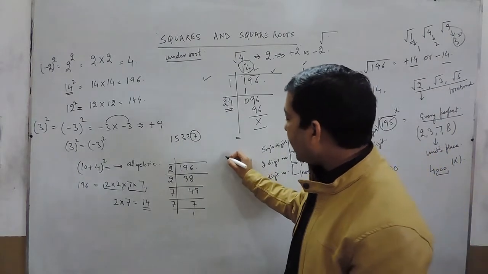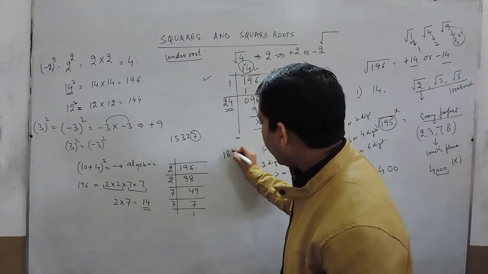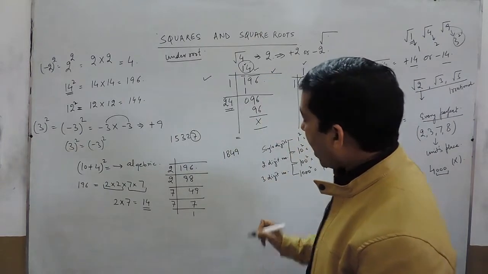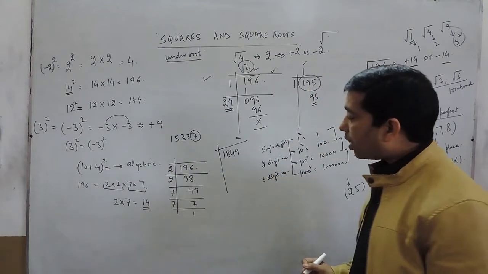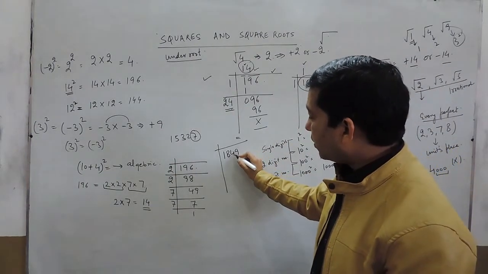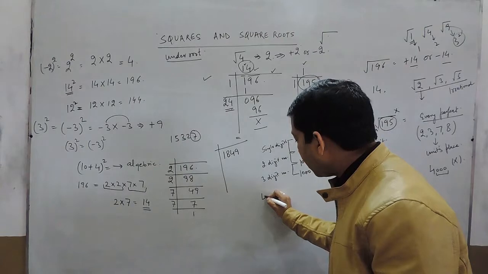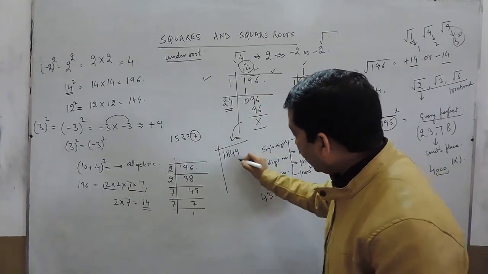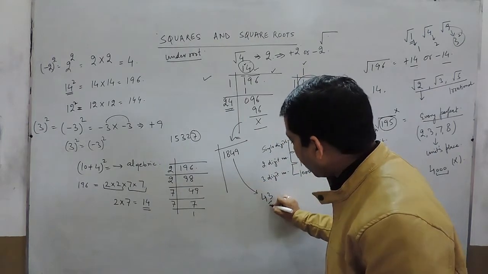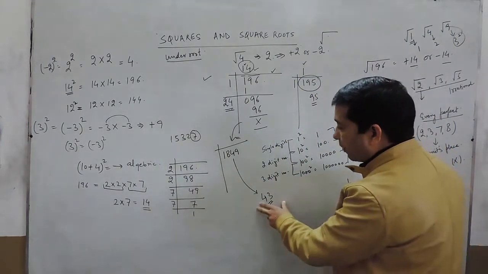For example, if we take a number like 1849 and we have to find its square root, it is possible by the long division method, because the square root of this number comes out to be 43, and 43 is a prime number.